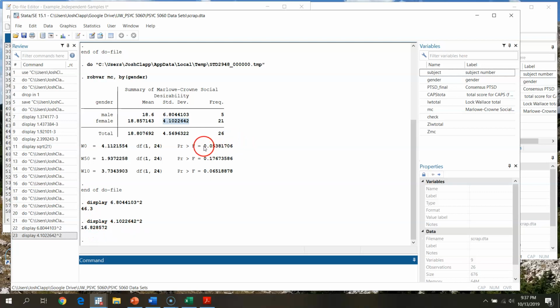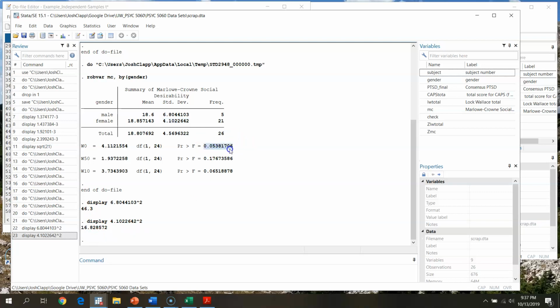Now my Levene's test doesn't meet conventional criteria for statistical significance. It's 0.054, right? So we're not less than 0.05, but my concern is that we've got a really, really small sample, so this test doesn't have a lot of power. If I actually look at my variance estimates, they're quite a bit larger for my men than for my women.